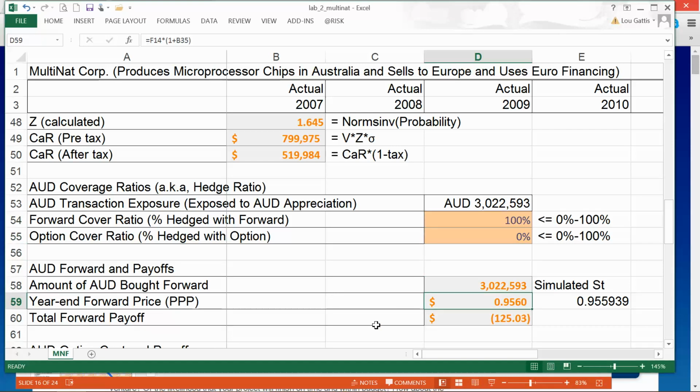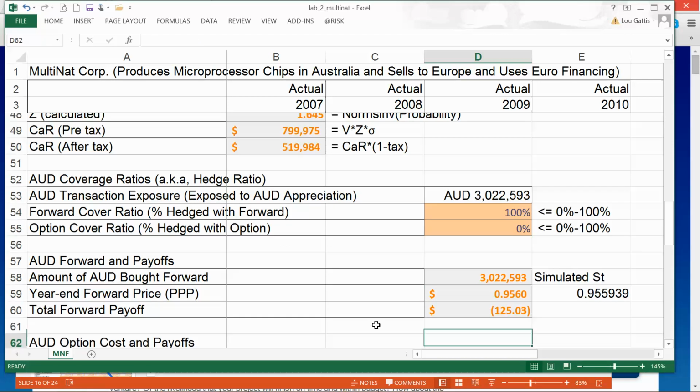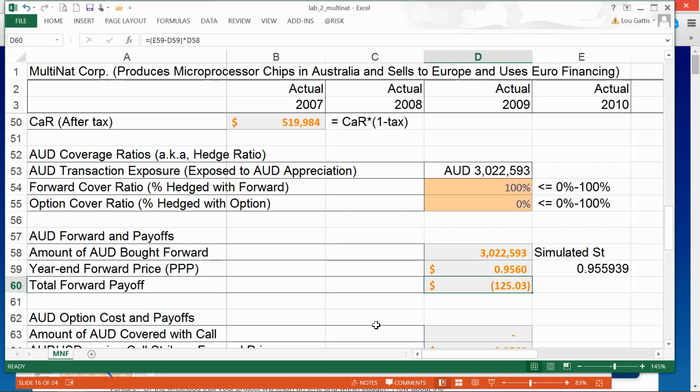I'm going to use a year-end forward price based on my expected spot price. Remember we said that the spot price is about 99.9 and a 4% devaluation, which will give me a forward price of 95. And then here's the payoff of my forward.